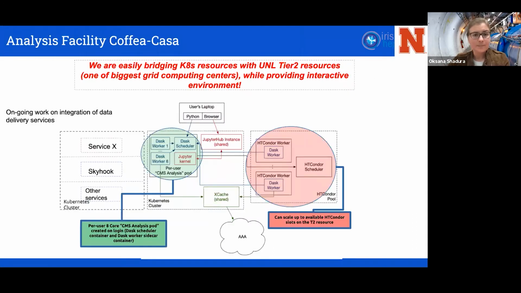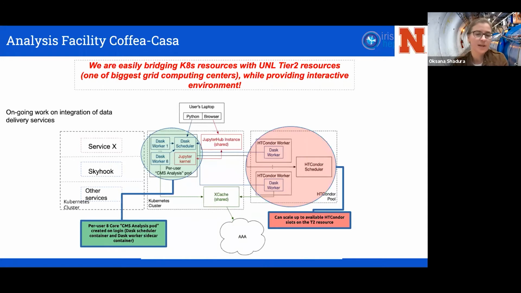And finally, I would like to talk a bit more about what we are trying to do in this analysis facility. We try to bridge Kubernetes resources with our University of Nebraska-Lincoln tier 2 resources, one of the biggest grid computing centers, while providing an interactive environment.